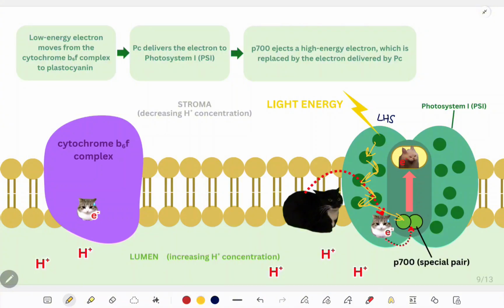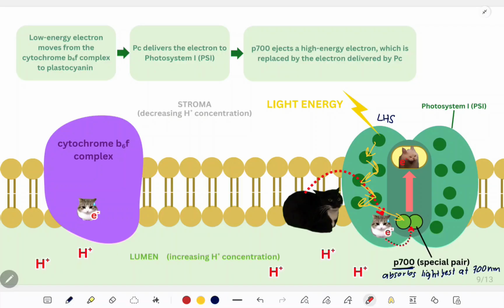Now, the special pair in photosystem 1 is different from the special pair in photosystem 2. In photosystem 1, it's called P700. And as you may guess, it's called 700 because it absorbs light best at 700 nanometers.